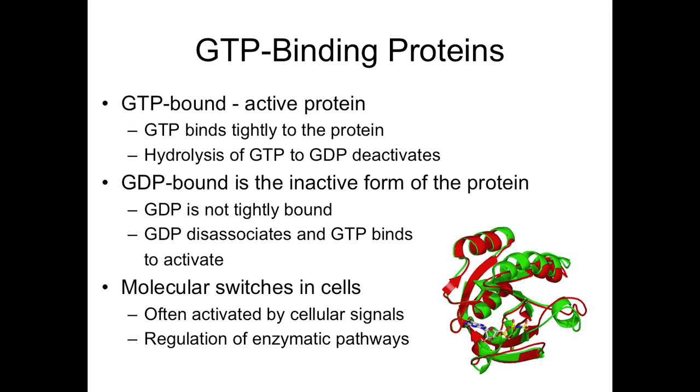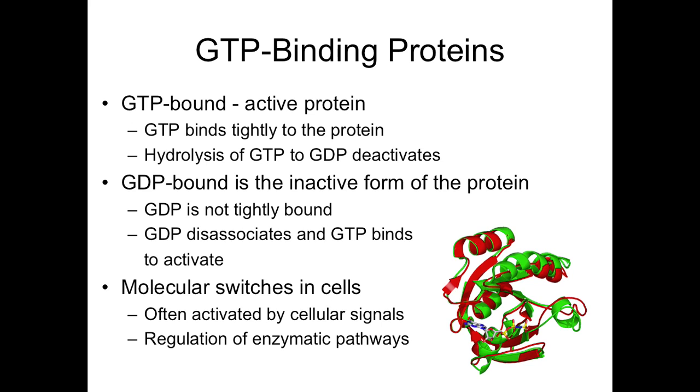So the GDP will be bound in the nucleotide binding site, and when the protein is activated, the GDP molecule leaves the protein, and a new molecule of GTP from the cytoplasm will enter the nucleotide binding site. Okay? Don't get this mixed up. A lot of people want to say GDP is phosphorylated to GTP.